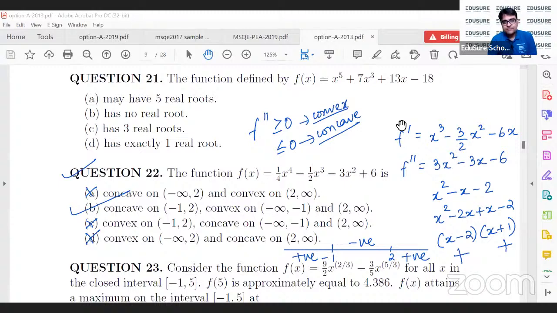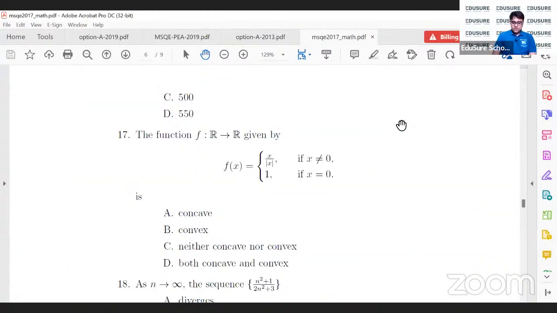Let's look at the next question. ISI 2017, actual paper question number 17.